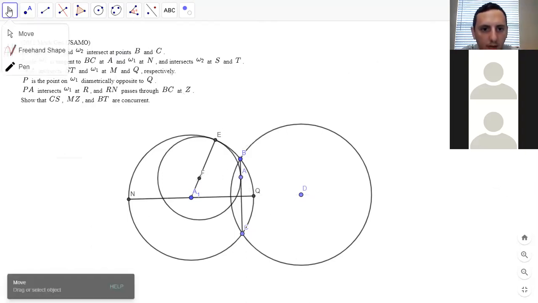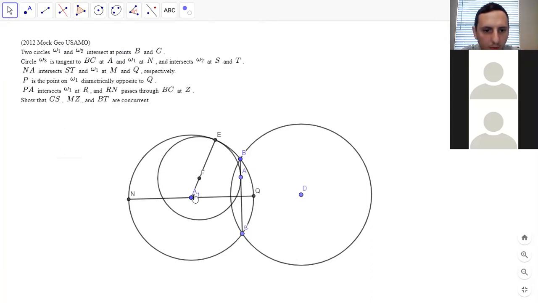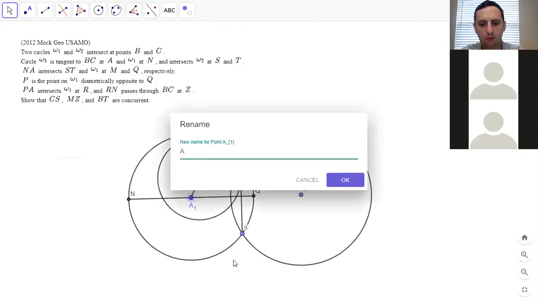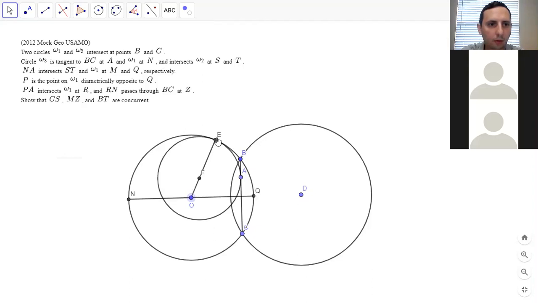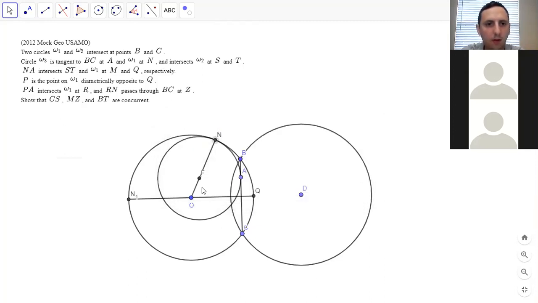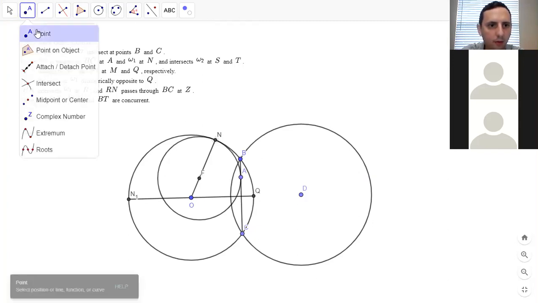All right. So we have a circle there. Let me call this O. So it's tangent at A and it's tangent here at N. And it intersects, okay, so S and T are those two points.